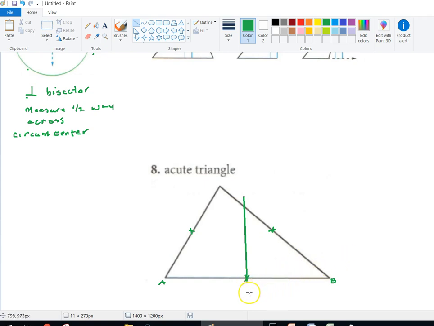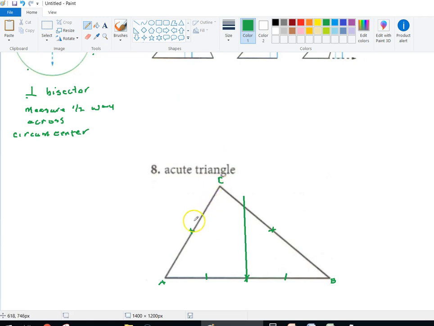So I have my first perpendicular bisector drawn, and it actually will divide this side into two equal spots. Now I'll go over to this side here, AC. And I will draw another perpendicular bisector.